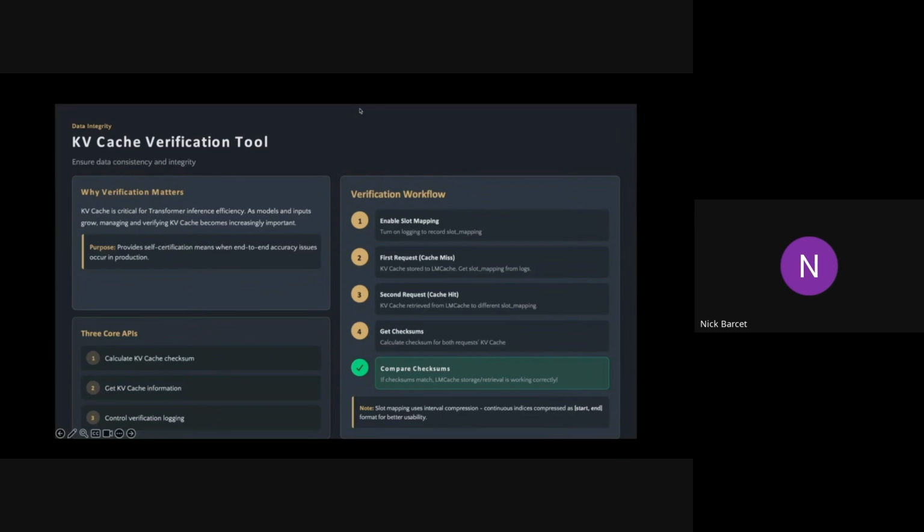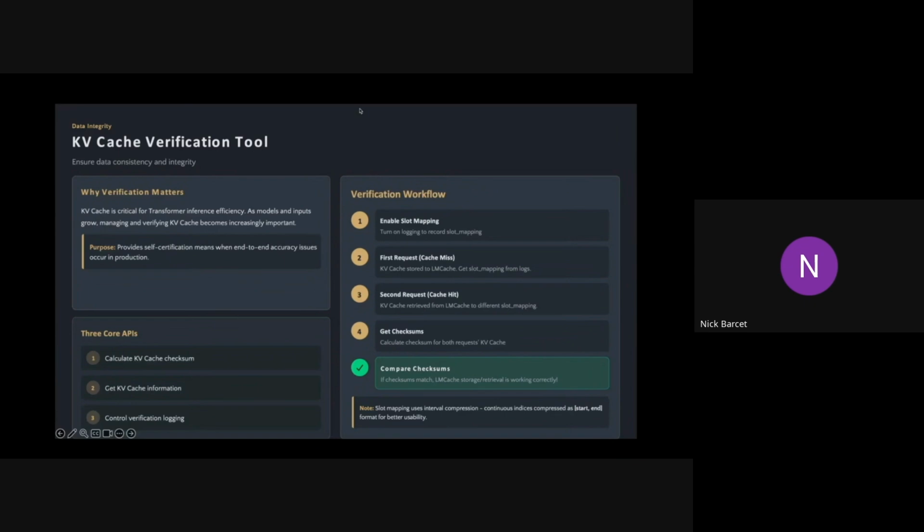This tool provides a self-certification means when end-to-end accuracy issues occur in production. The verification works as follows. Locate the VLLM past KV-Cache position through slot mapping. Retrieve the corresponding data to calculate the checksum, and manually compare them to increase confidence.